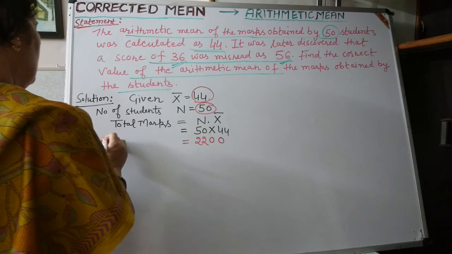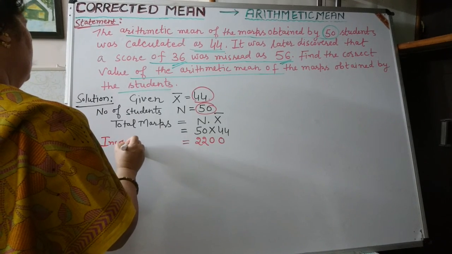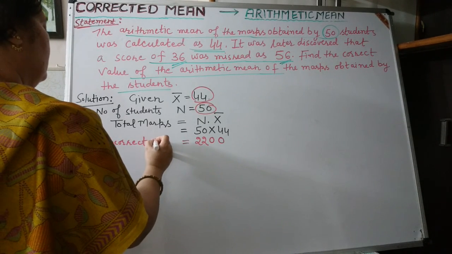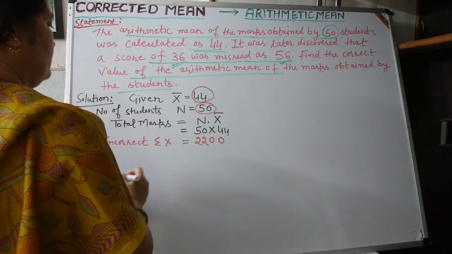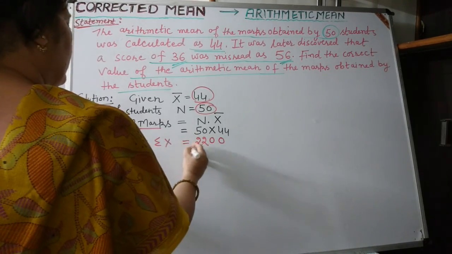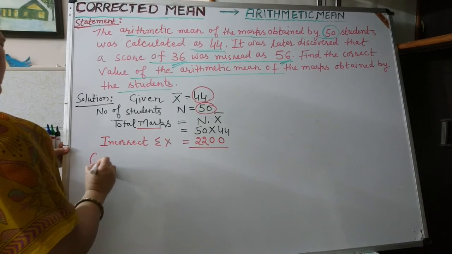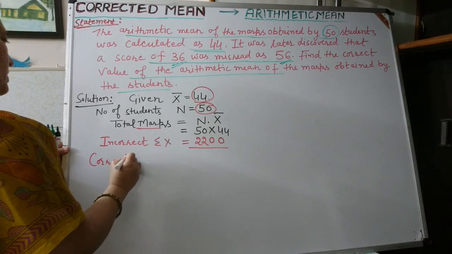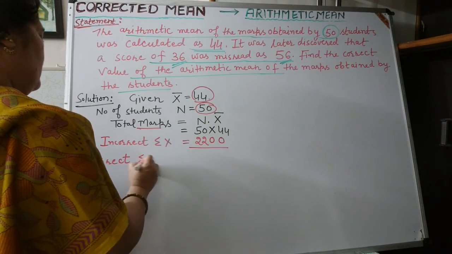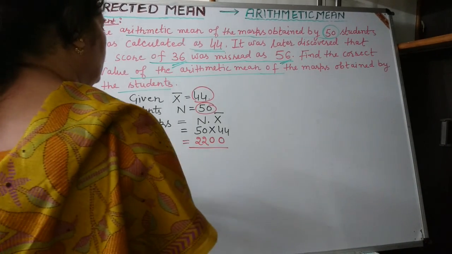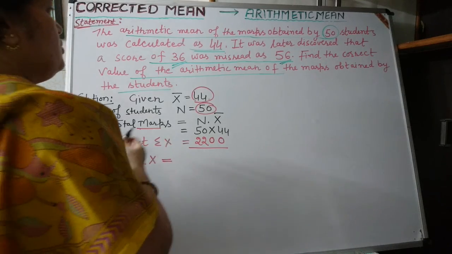And now this is incorrect. Summation x is the incorrect value. So let us see what the correct value is. Correct summation x is equal to, let us take two values.